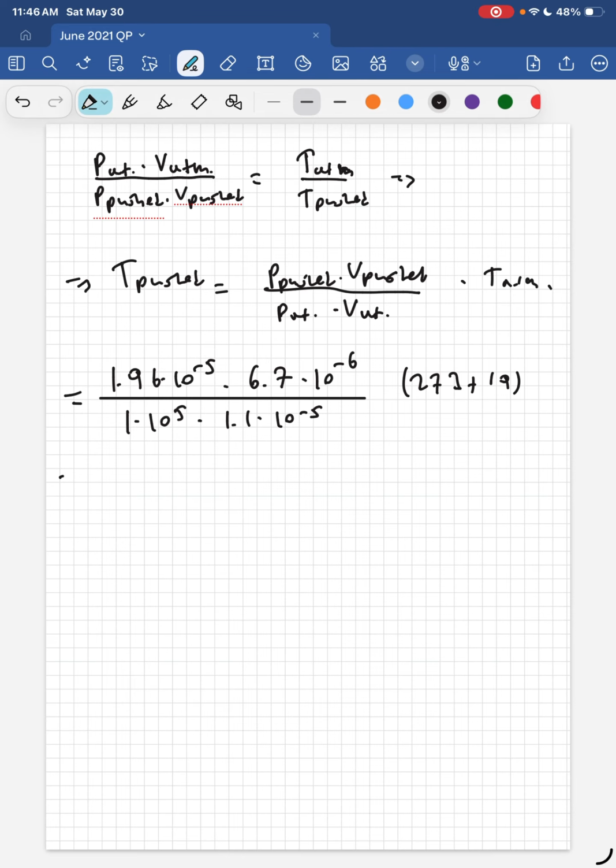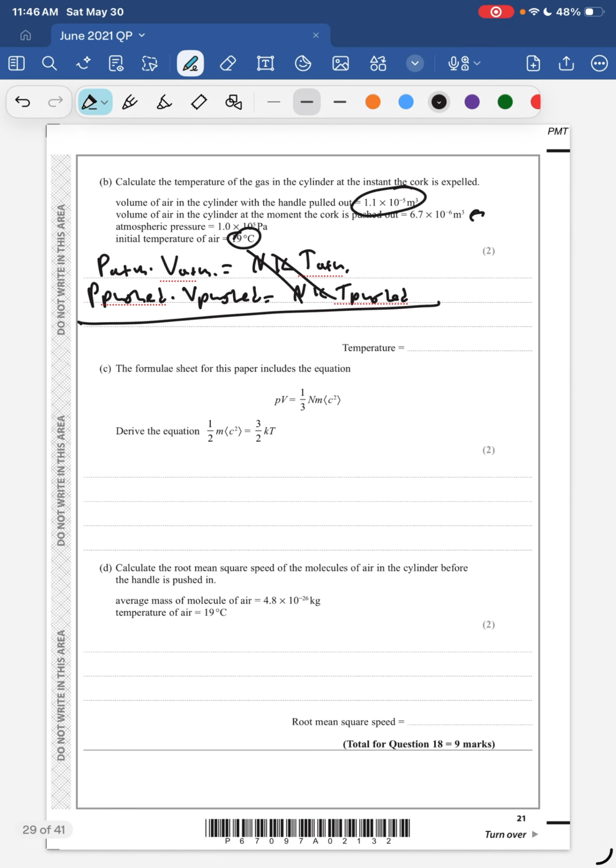Okay, and this yields 1.19 times 292, which is 348.6 Kelvin, which is 75.6 degrees Celsius. Okay, so the temperature increases significantly.